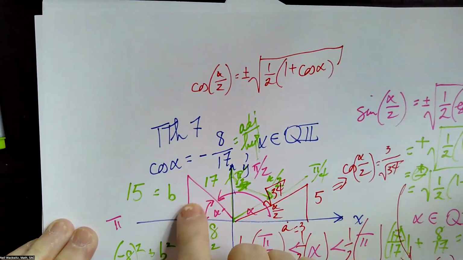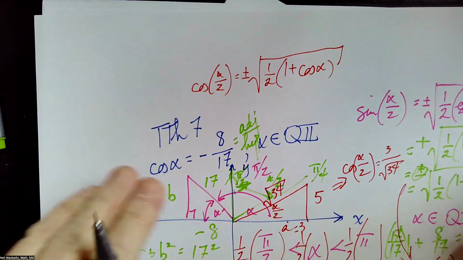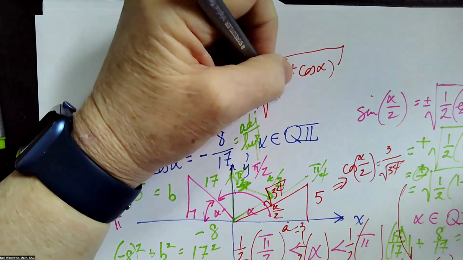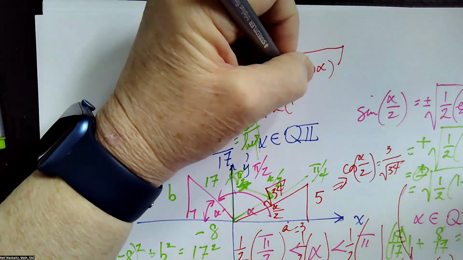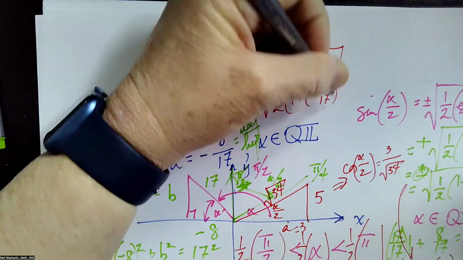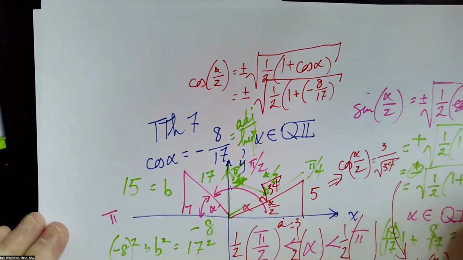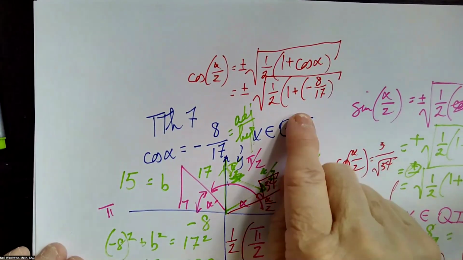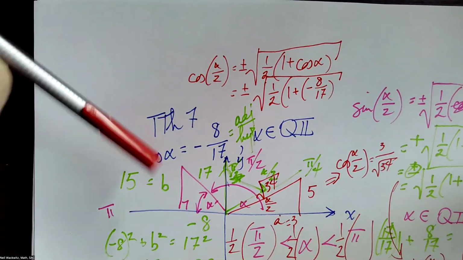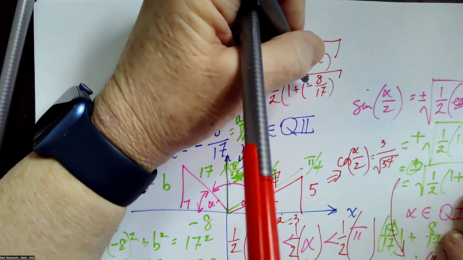And cosine alpha is negative 8 over 17. And this negative and positive do communicate because we're not squaring the 8 over 17. So negative times a positive is a negative.